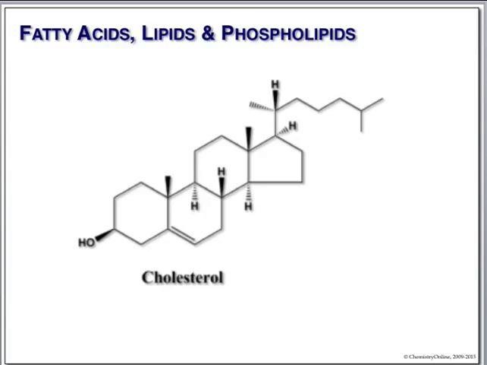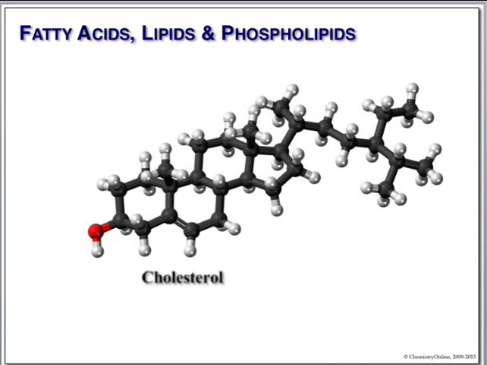Cholesterol, because this is very water insoluble, will embed itself in that membrane that we just saw, with the OH, the hydrophilic part, sticking out towards the top. Cholesterol is something that everyone is familiar with because, and here it is as a ball and stick model. Again, this is the water-soluble end, this is the insoluble end.